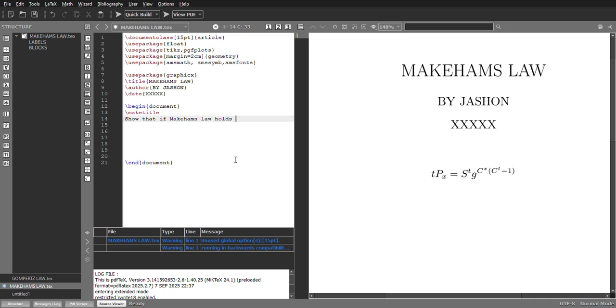But if you don't know how to use LaTeX, don't panic. The aim of our lesson is to gain the concept of deriving Makeham's Law of Mortality.